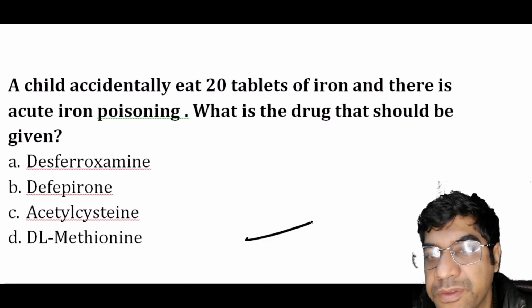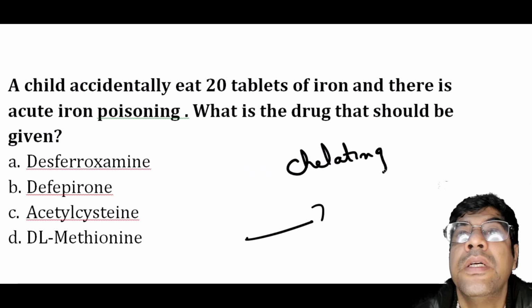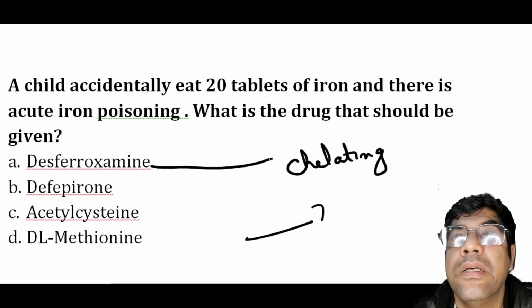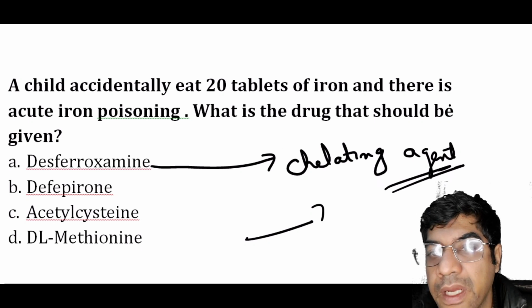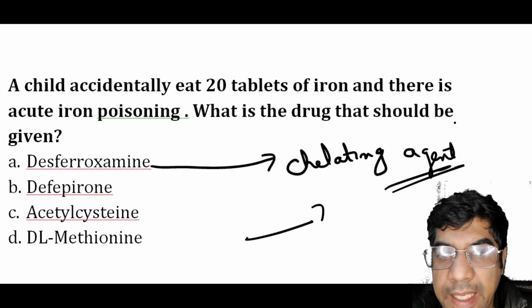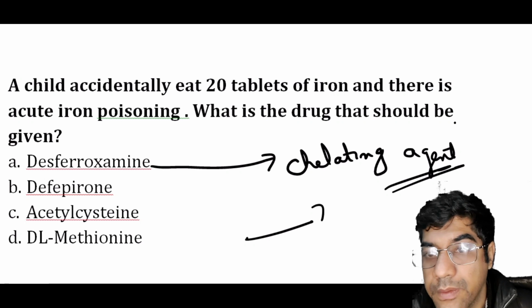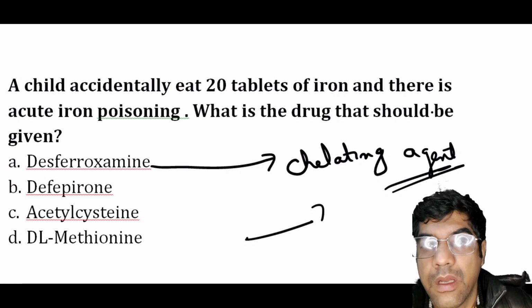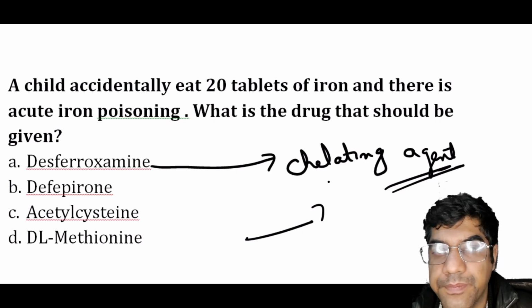Option A, desferoxamine: remember, it's a chelating agent and it is used in the treatment of acute iron intoxication. So the chelating agent will bind to the excess iron in the body, forming a complex that can be eliminated from the system.